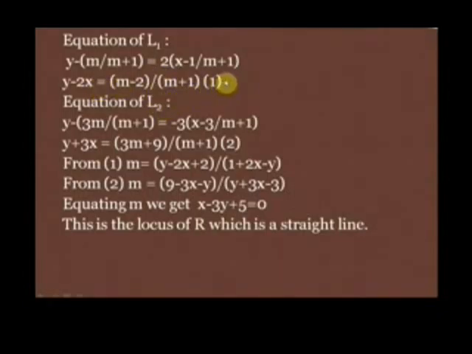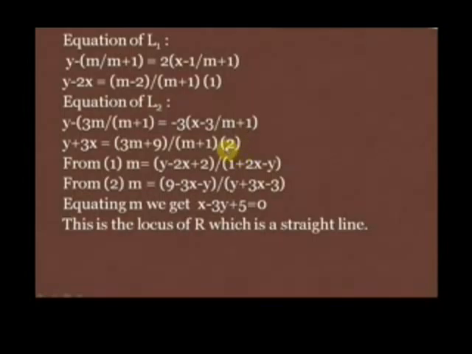Let us say that this is equation number 1, and similarly the equation of line L2 becomes y minus 3m by m plus 1 equal to minus 3 into x minus 3 divided by m plus 1, or we can further simplify it as y plus 3x equal to 3m plus 9 divided by m plus 1, and we name it as equation number 2.